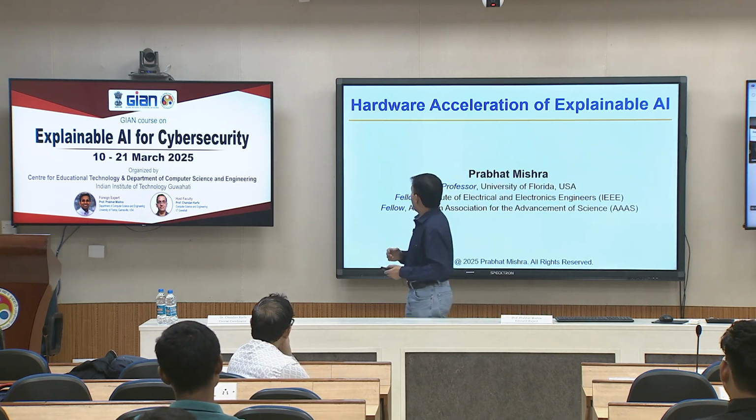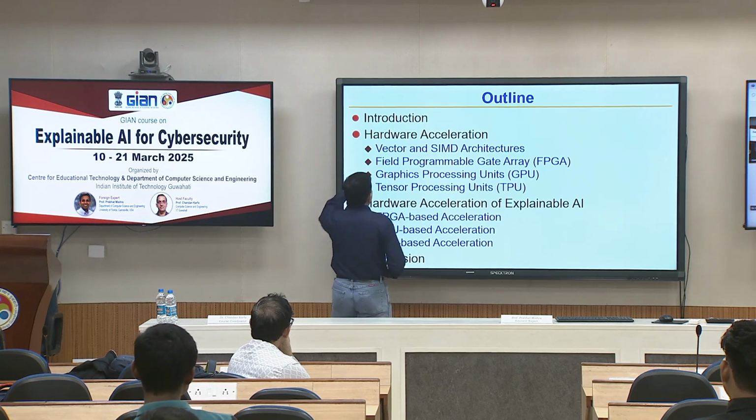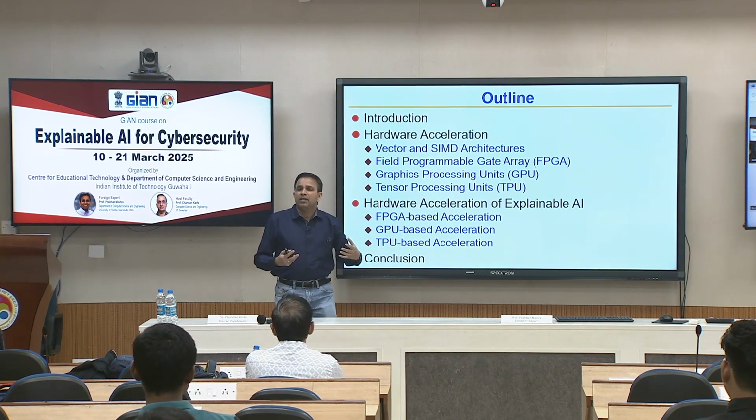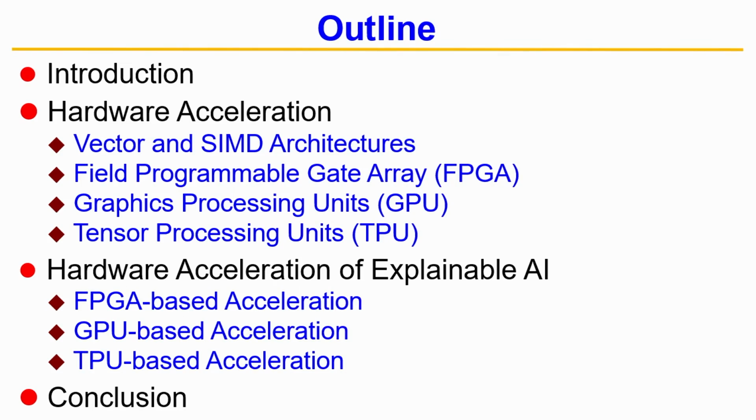So in the first part of my story, I am going to talk about how the processor architecture itself can help you in acceleration. I am not going to introduce multi-threading, that is a software level technique, but at the hardware level, can I make any changes to my processor itself so that my programs can be executed faster?